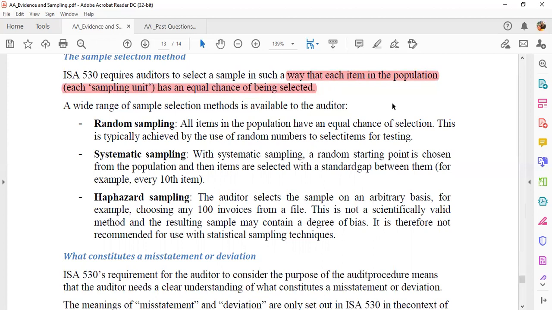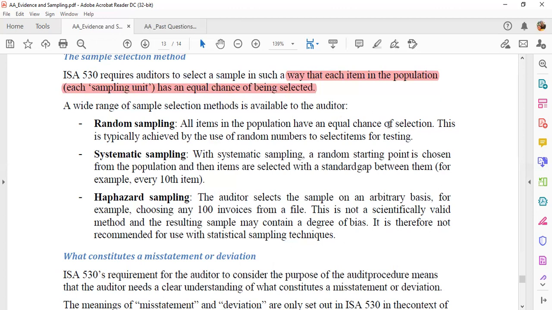A wide range of sample methods is available to the auditor. We have random, we have systematic, and we also have haphazard sampling.